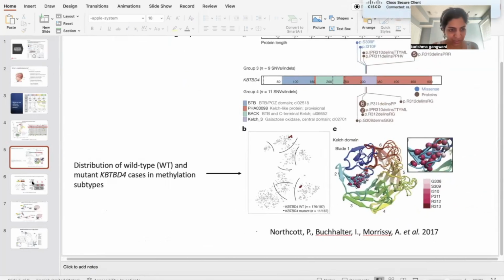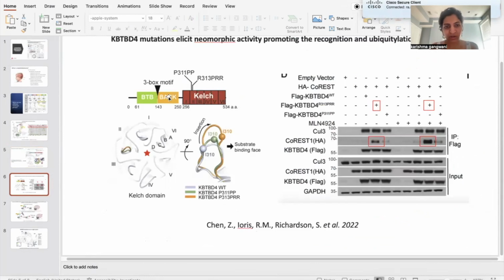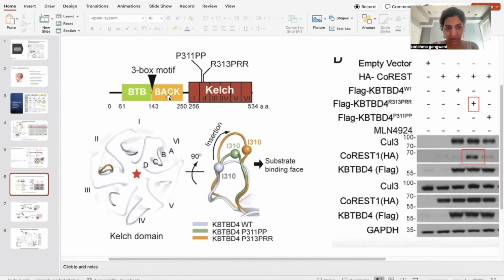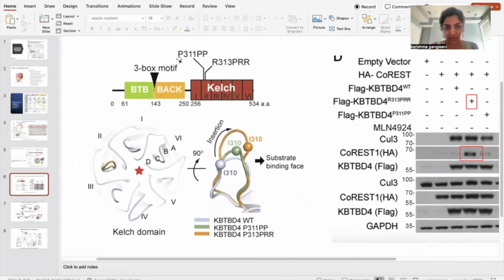And how is it doing that? A study in 2022 published this paper where they artificially produced these mutations which were found in clinical studies. So in the Kelch2 repeat, and we'll look at the sequence of this Kelch repeat in a little more detail, in this Kelch2 repeat, what they did was they created mutations that are clinically reported, by the way, at P311.